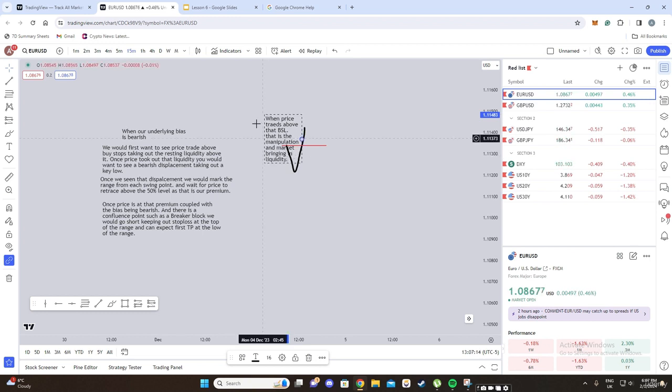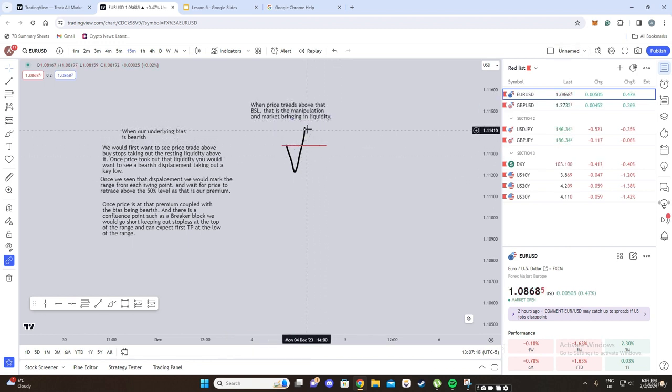So once the market brought in liquidity, the price does not want to stay at a high price because we're bearish. So the next thing that price is gonna do is trade lower with the displacement, taking out this key swing low. So this is our displacement, which confirms to us that market is bearish.